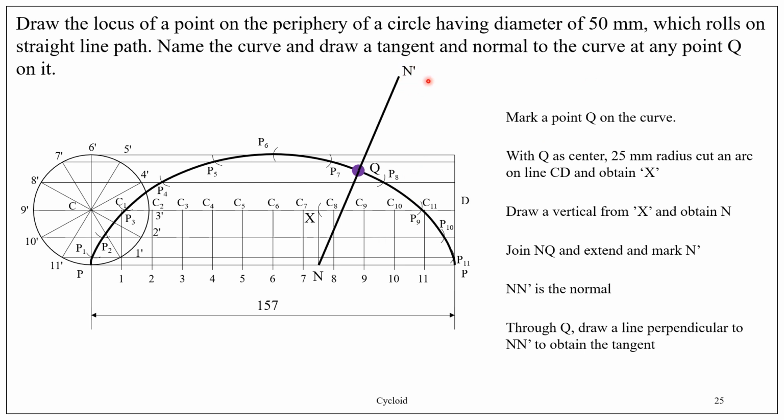Mark the end of the extension as N dash. Now this N dash is the normal to the cycloid at point Q.